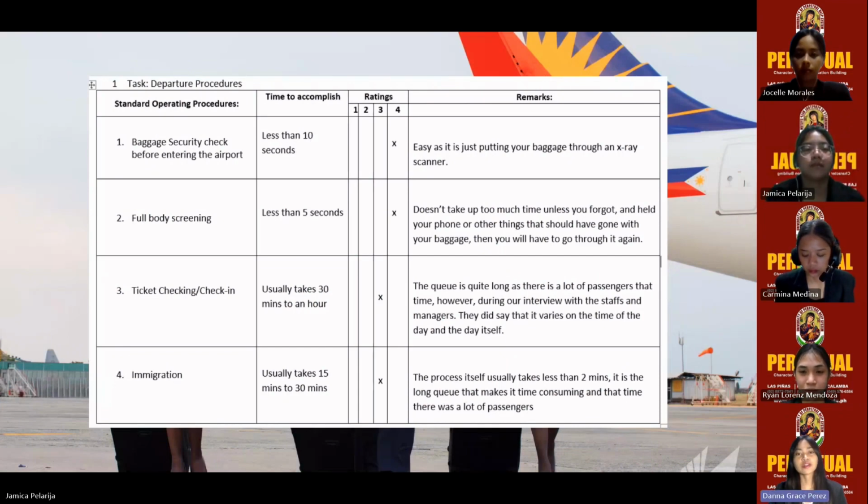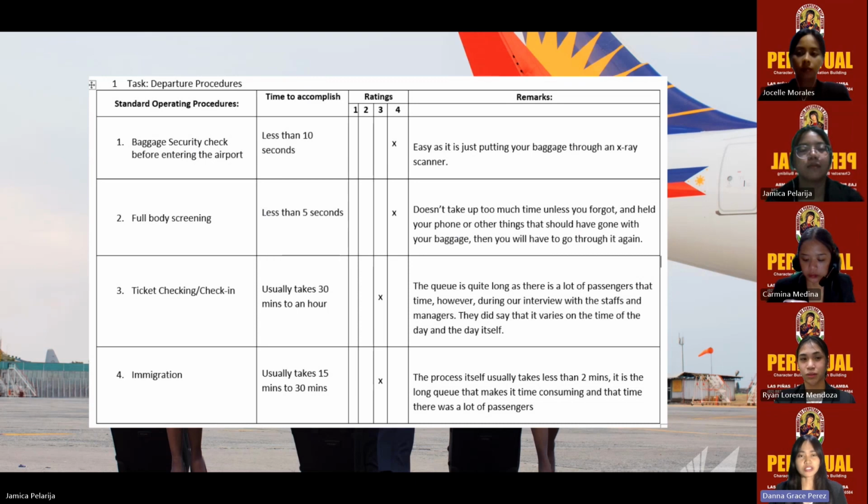So we have here the observation for the standard operating procedure for the departures in NAIA Terminal 1. We have the initial baggage security check and full body screening, then the ticket checking or check-in, and lastly, the immigration.